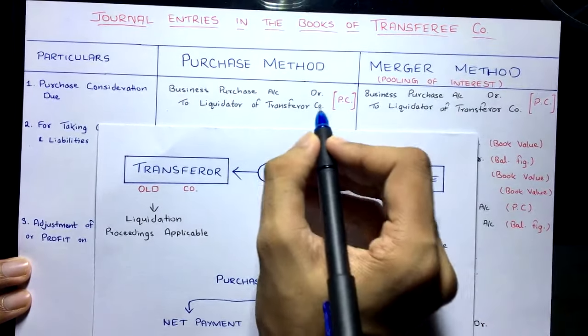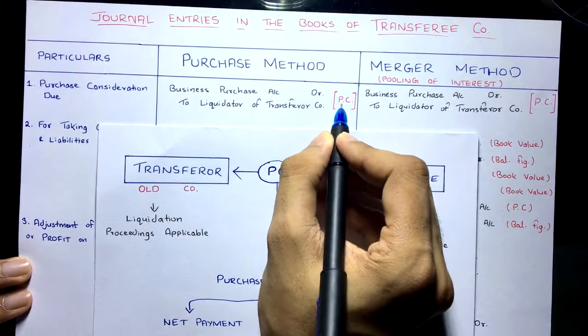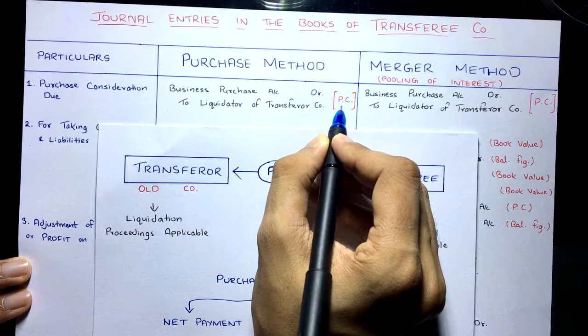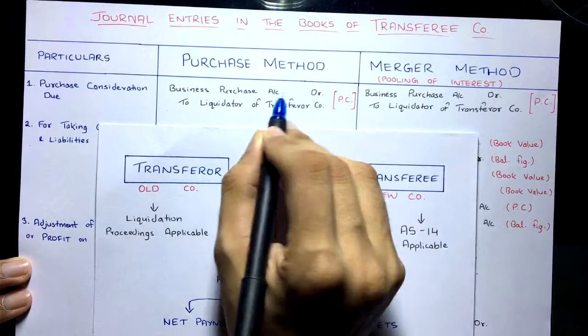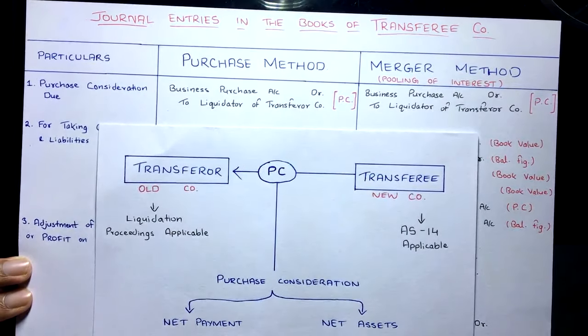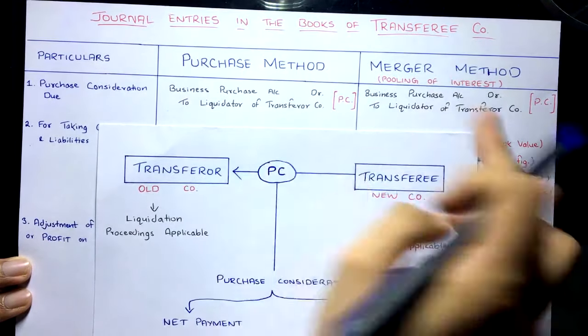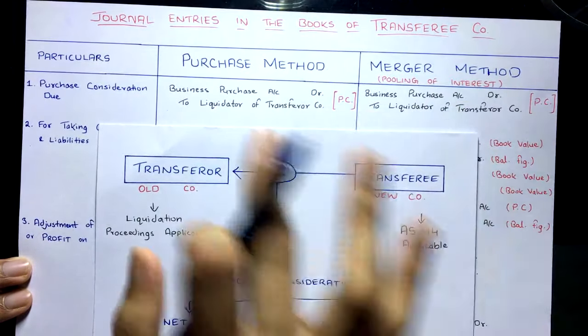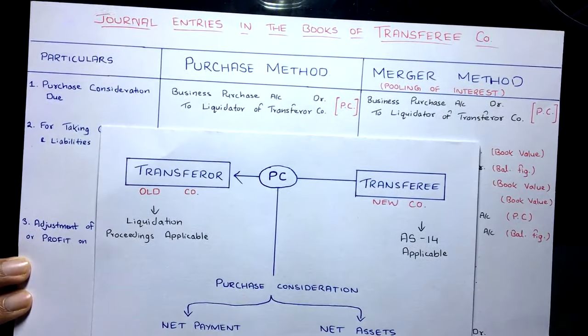Simple as that. And what amount will you take here? Purchase consideration. Whatever calculation you do of PC, you have to take it here. And it is the same with the merger method also. We'll come to that later, but there is no change in these entries. Same entry, fine.